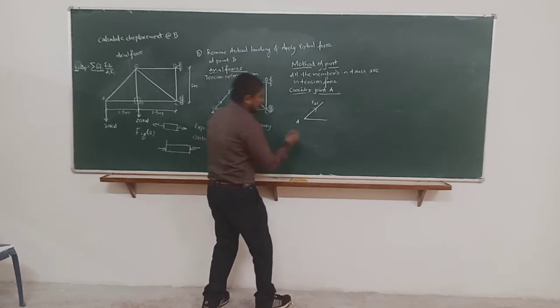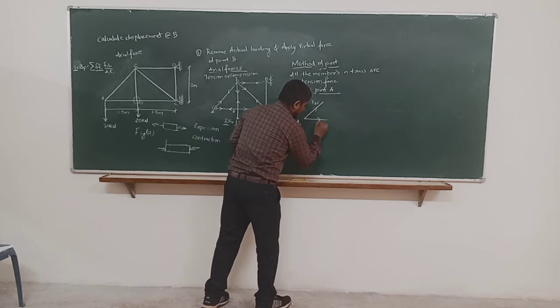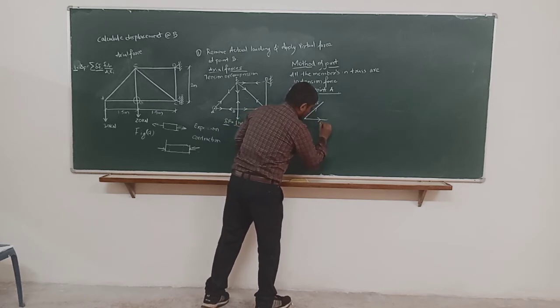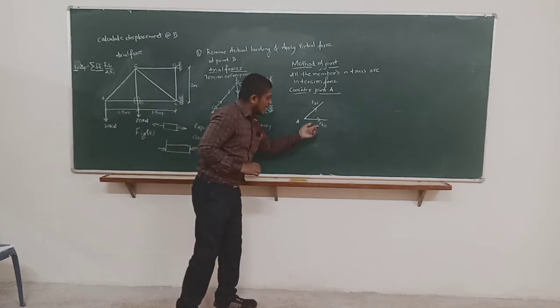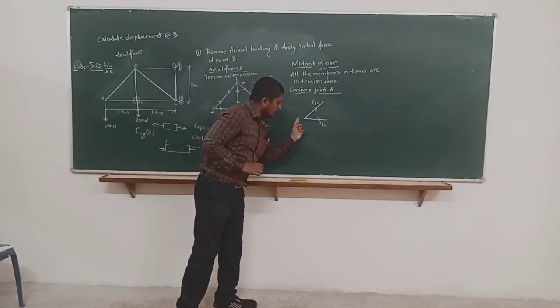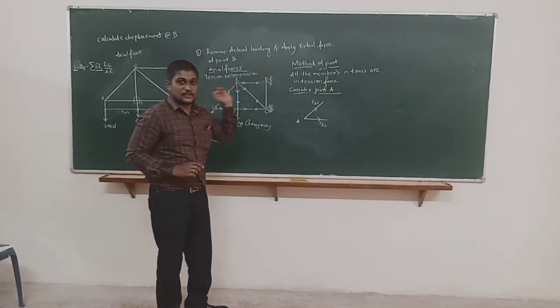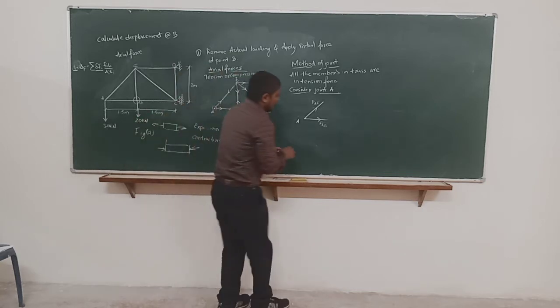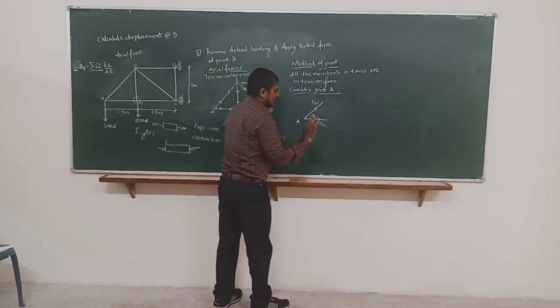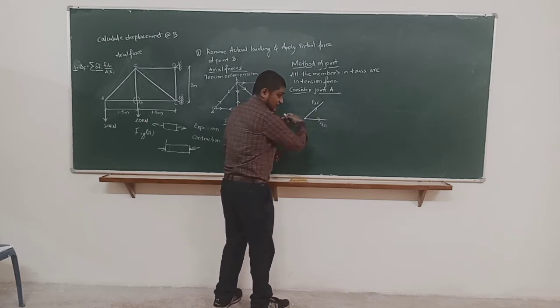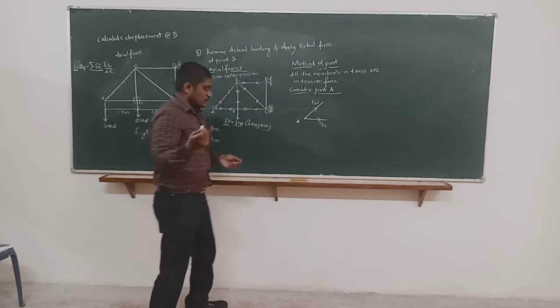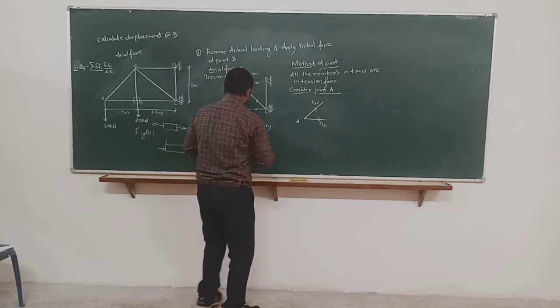I can give this name as F A. Okay, both I have assumed that they are moving away from the joint, that is, they are in tension. Okay, let us see whether the assumption for AB and A is correct or not. If I get a positive answer, they are correct. If I get a negative answer, it means they are in the opposite direction. This is the approach we have to adopt here.